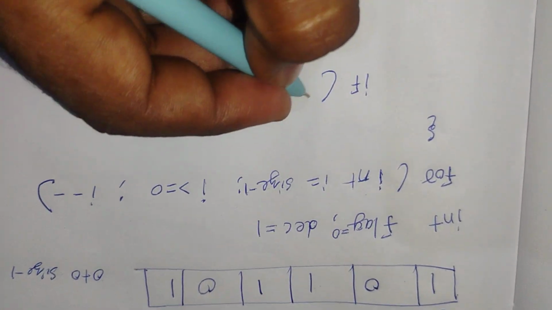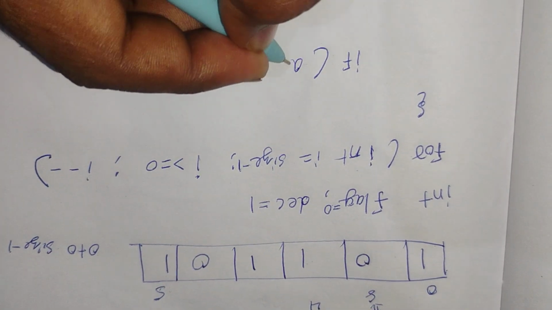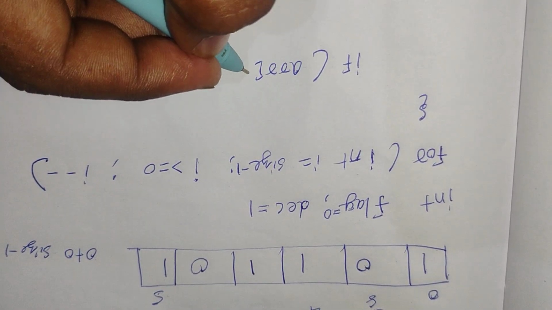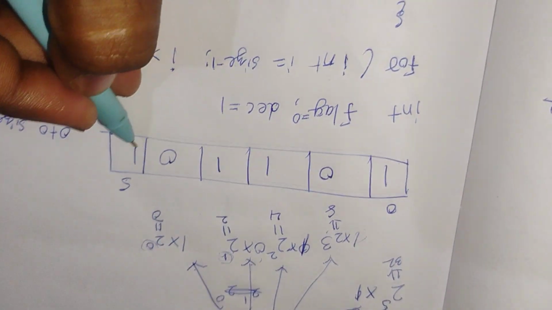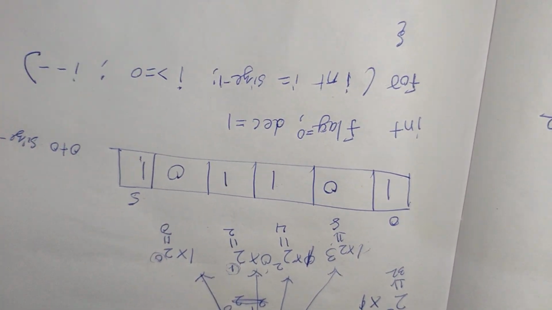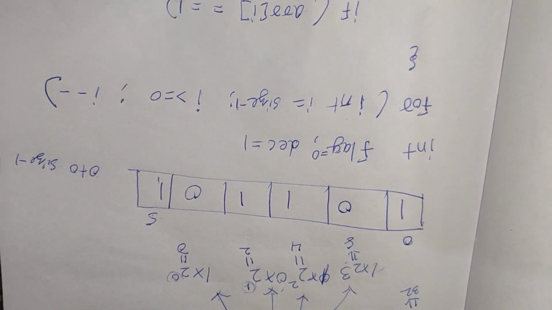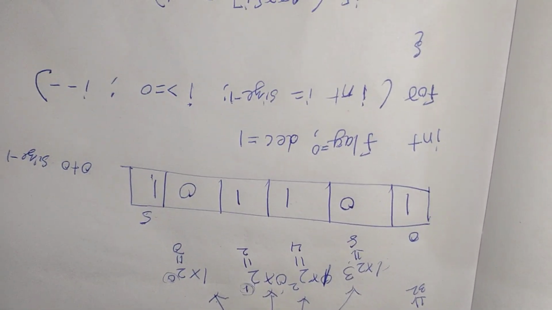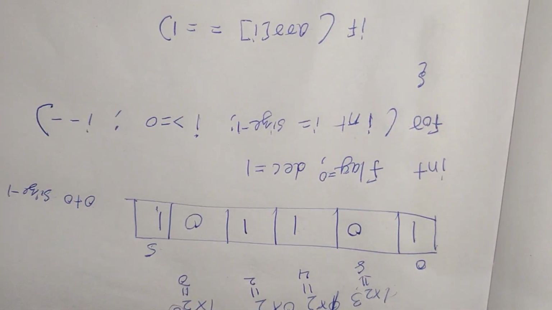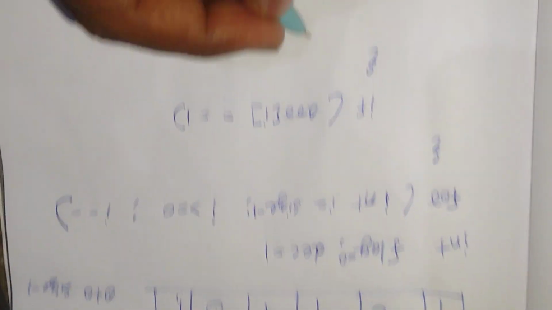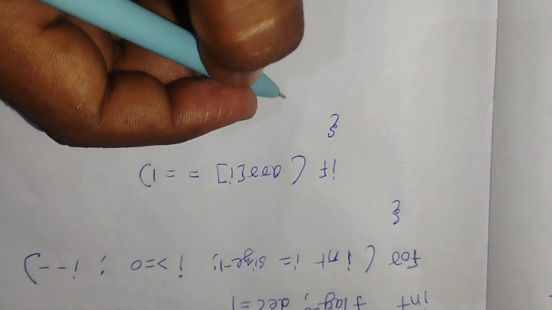So if array of i, this last number, I'm going to check whether this last number is 1 or 0. If this condition returns true, the statements below will be executed.